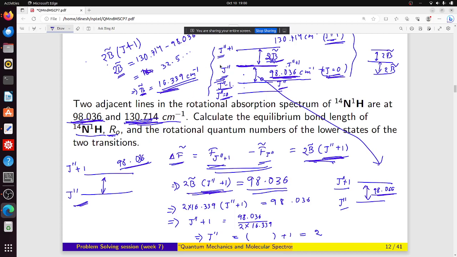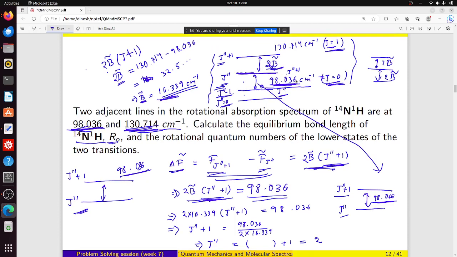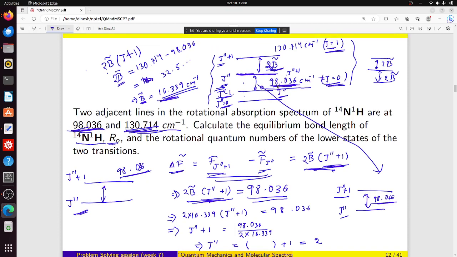What was there initially? There were two states with energies 98.036 and 130.714. For that we have a formula, 2 B tilde times J double prime plus 1, for the transition to happen.